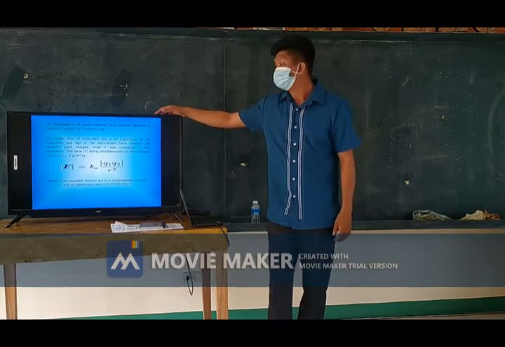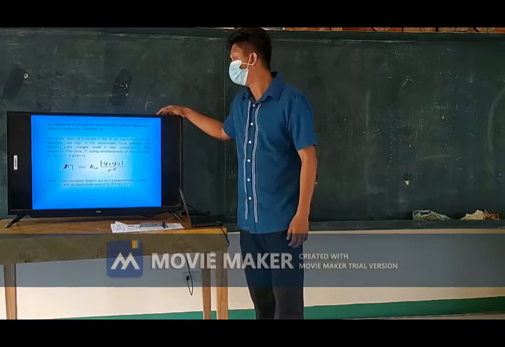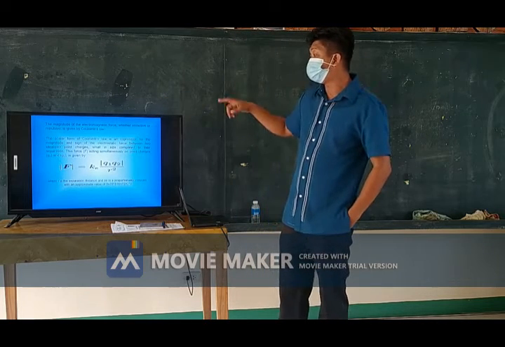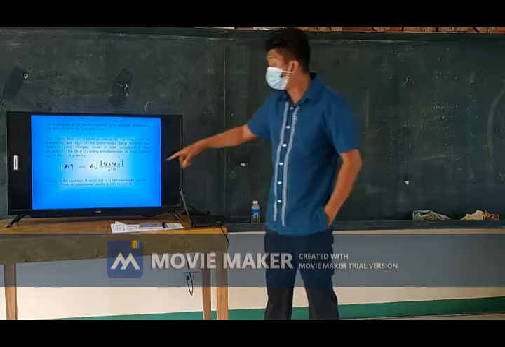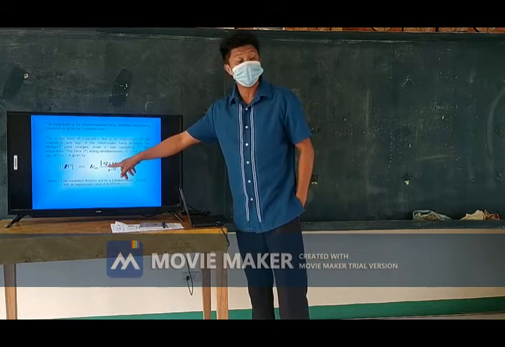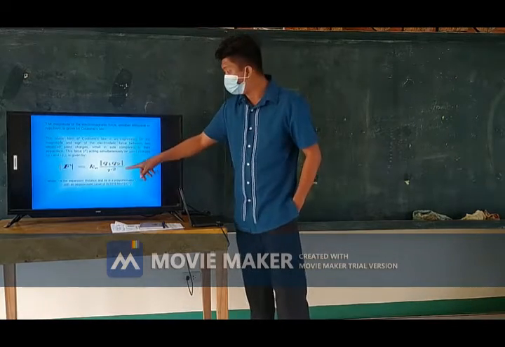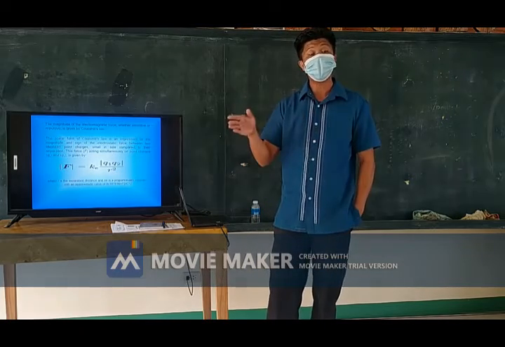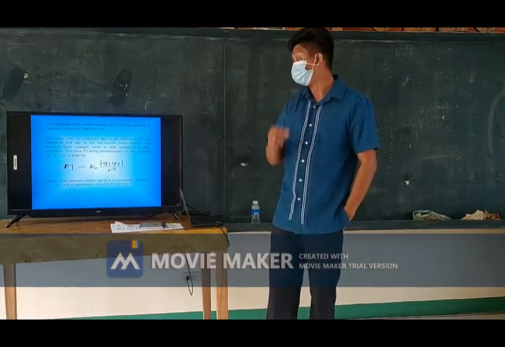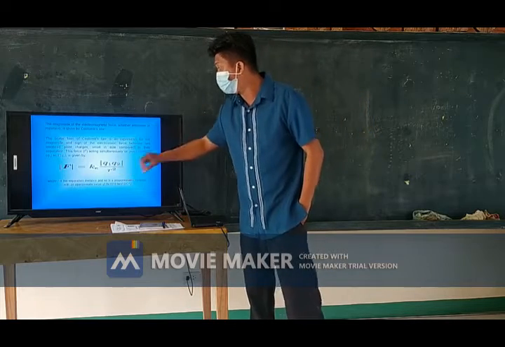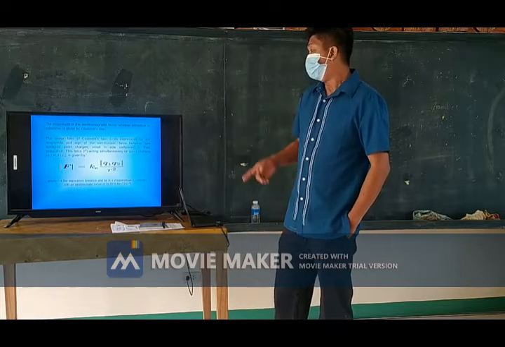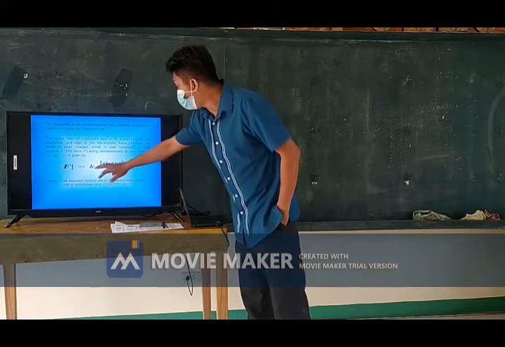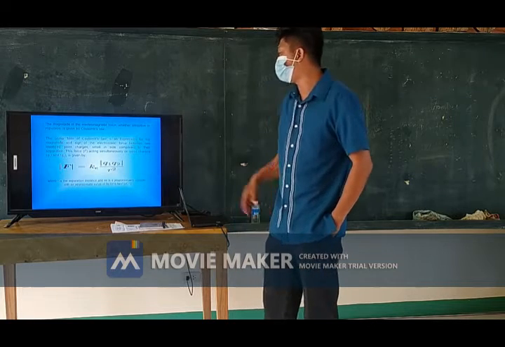So, the formula for Coulomb's law is force Fe is equal to k, and then Q1 Q2, which means charge 1 and charge 2, divided by r squared, or the distance squared. When you say r, this is the distance between two charges, so square it first, okay? Now, we have the constant k, which is the proportionality constant.